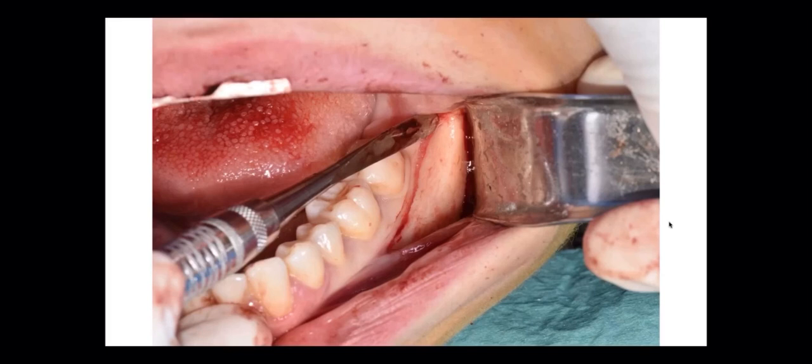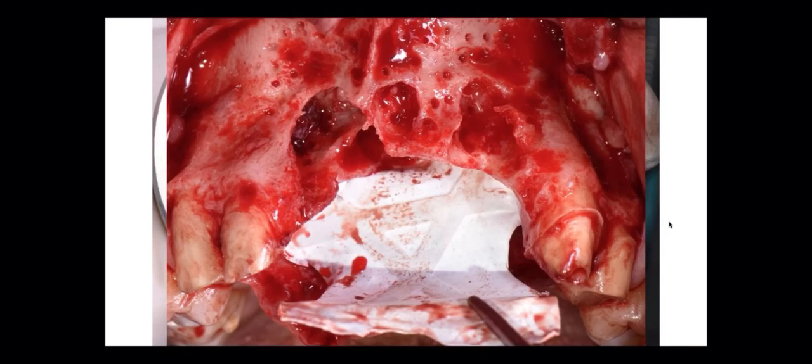So of course, to regenerate vertically, we need 50% minimum of autogenous bone. The best area to remove from is the ramus area. So we removed bone. We made it as chips. So we used our bone meal. We used, of course, a titanium reinforced non-resorbable membrane.